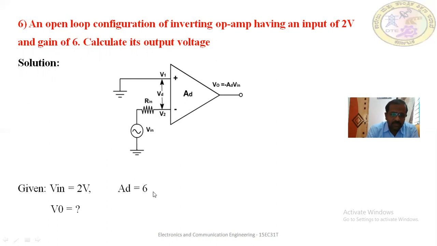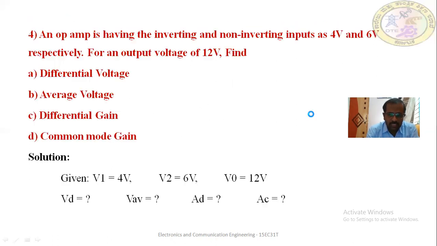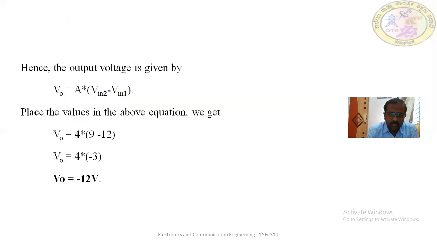Its gain AD is equal to 6, and the output is to be calculated based on these values. What is the formula to calculate the output voltage for the inverting op amp? Again, you can see the list of formulas.